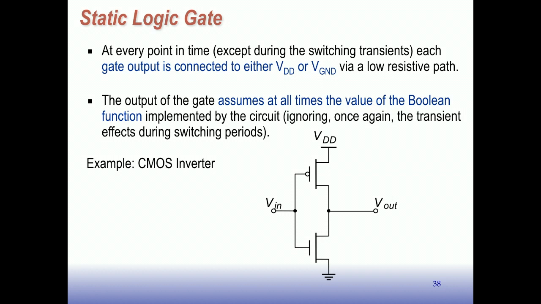So we know that here. If we put a 0 here, this P-type transistor is turned on, and there's a low resistance between VDD and the output. And otherwise, we have a low resistance here. But for whatever input we put here, there's a low resistance path between the output and either VDD or ground. Right?